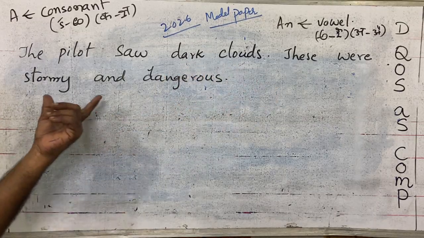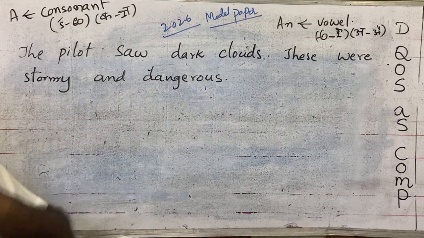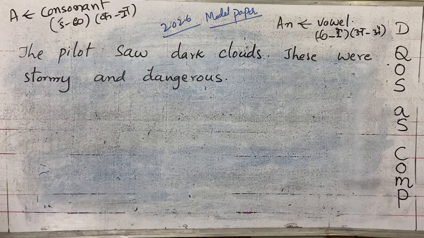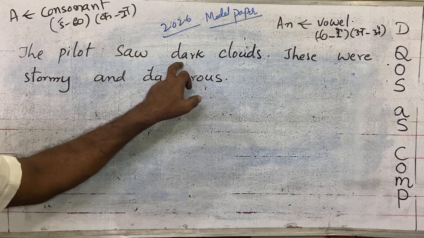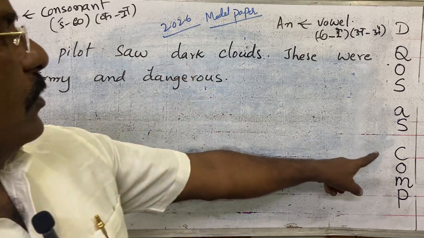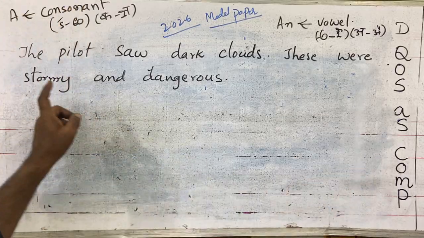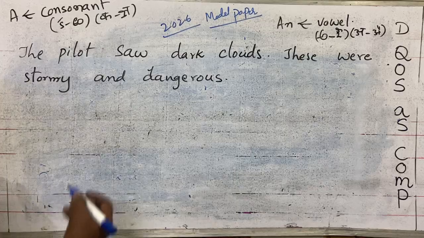How are they? Stormy and dangerous. So, stormy and dangerous clouds. So how are they looking? Dark. Why? Because before that also we are taking the color. After that, how these are: stormy and dangerous.